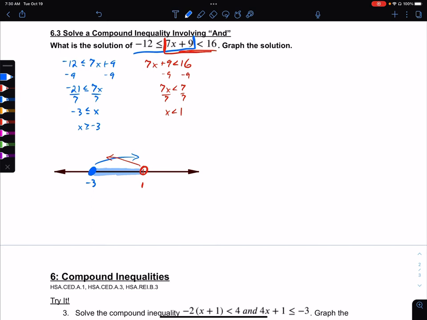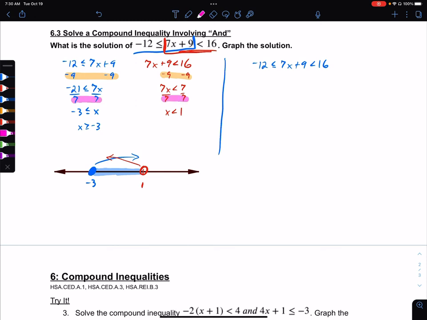Now, the other way you could solve these, and sometimes students prefer this, but it's really up to you. You have this problem here, and if you notice, if we go back to the first part of the problem, we subtracted 9 from both equations, and then we divided by 7.